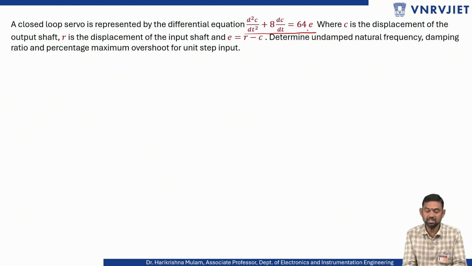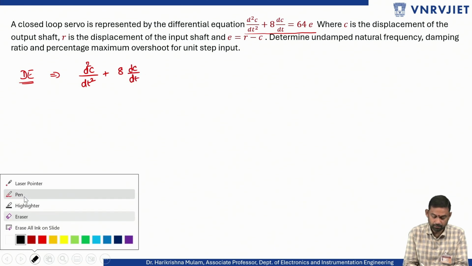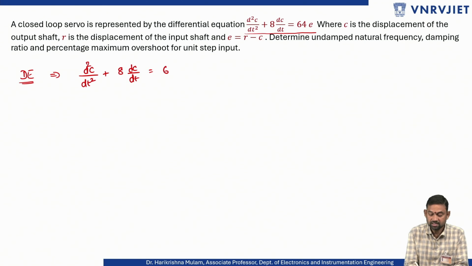So, the differential equation governing the system is d square c by dt square plus 8 dc by dt is equal to 64e, and where C is the displacement of the output shaft.